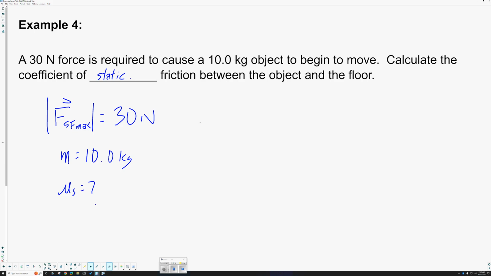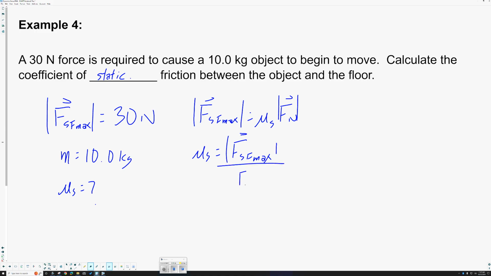So I'm going to say F_sf max is equal to mu s times the normal force. Let's rearrange this, solve for mu s. I get F_sf max divided by Fn. We're going to say 30 newtons divided by 30 times 9.81.